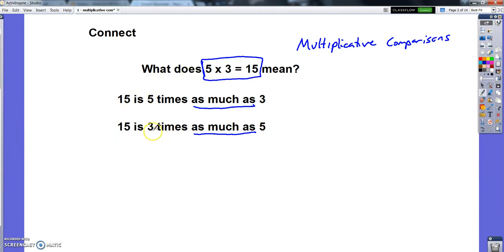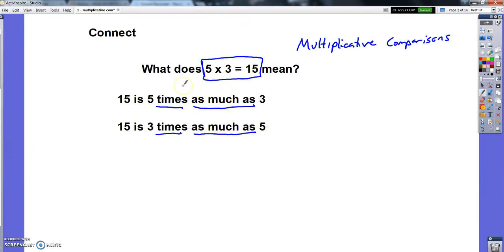So we're comparing the value of 15 to 5 or 15 to 3. This is the comparison part. And multiplicative means multiplication, we're doing so with multiplication. We're comparing them by talking about how many times greater one thing is than another. So that's where the term multiplicative comparison comes from.